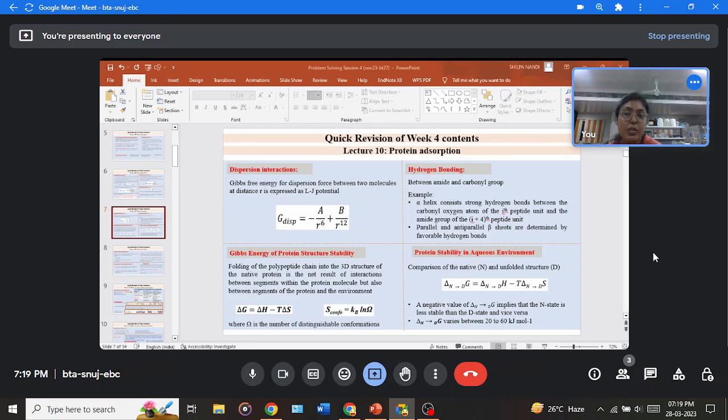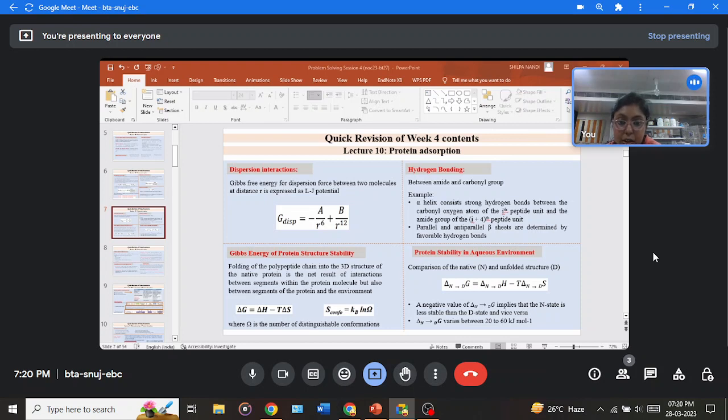So the folding of a polypeptide chain into the 3D structure of the native protein is the net result of interaction between segments within the protein molecule, but also between the segments of the protein and the environment. The Gibbs free energy equation, you might all know, is given as delta H minus T delta S, that is enthalpy minus temperature multiplied by entropy.